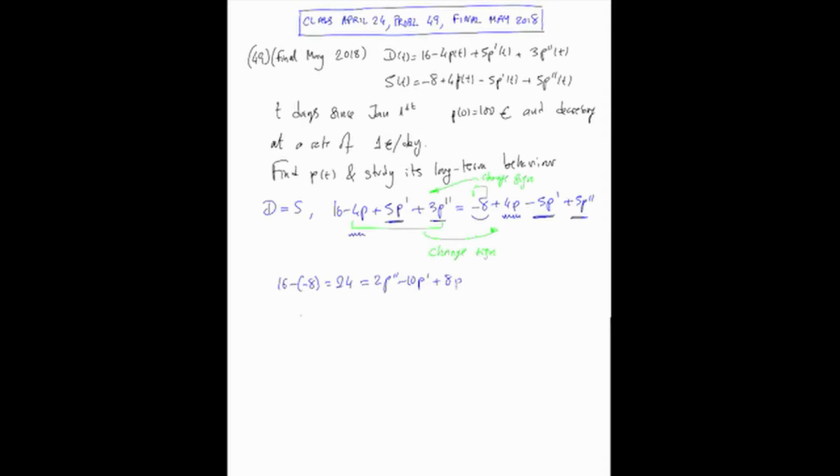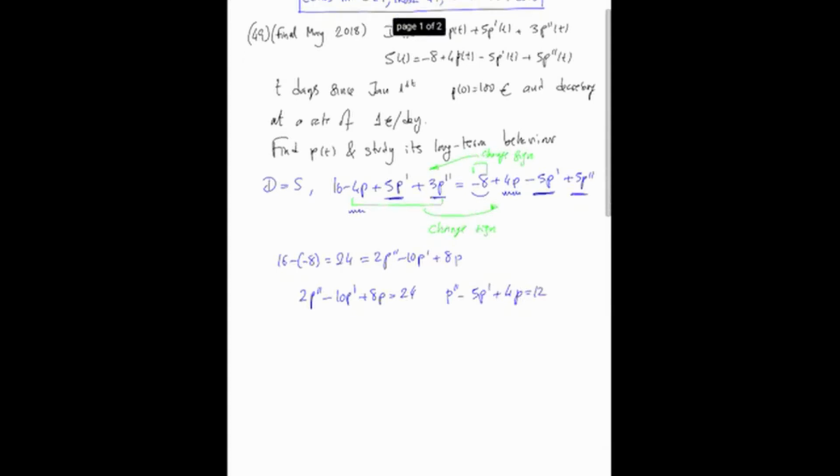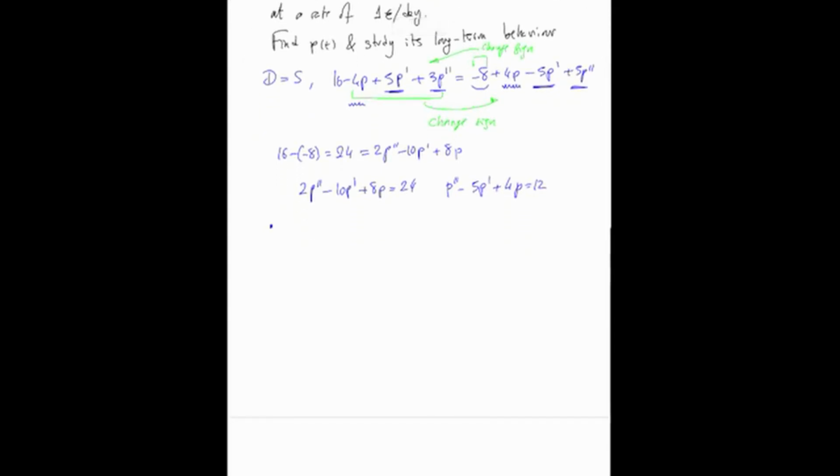So our equation is 2p double prime minus 10p prime plus 8p equals 24. Everything is divisible by 2, so we simplify this to the form p double prime minus 5p prime plus 4p equals 12. To solve this equation, we do our usual steps.